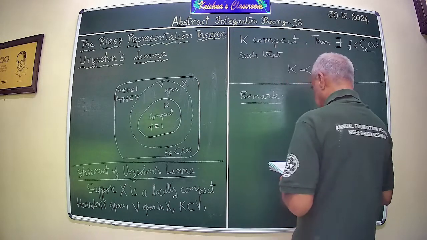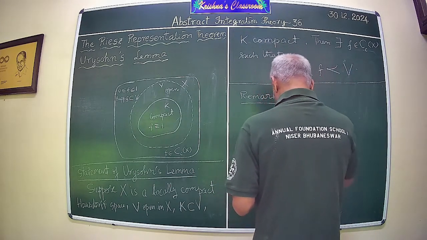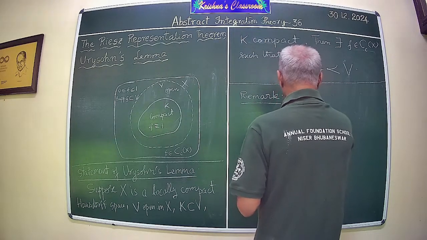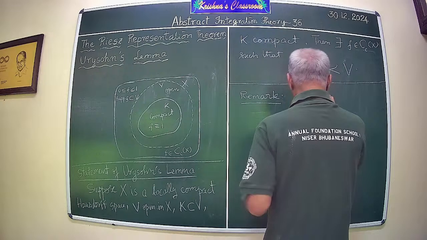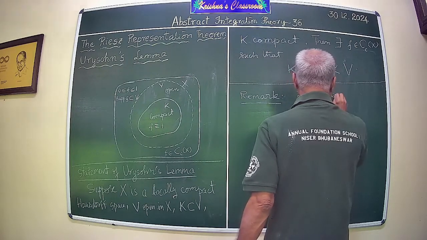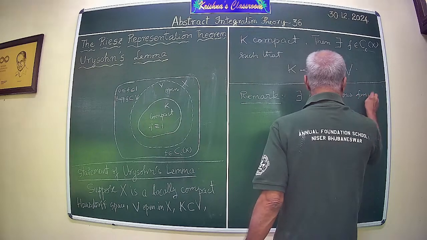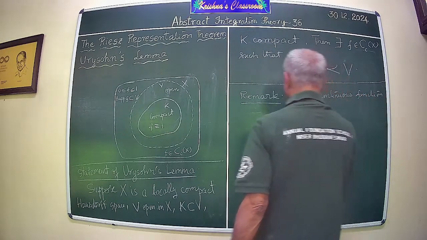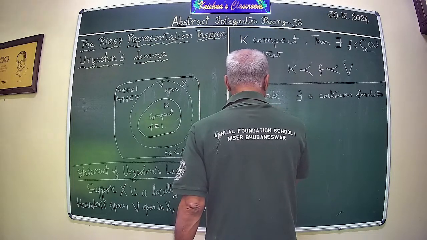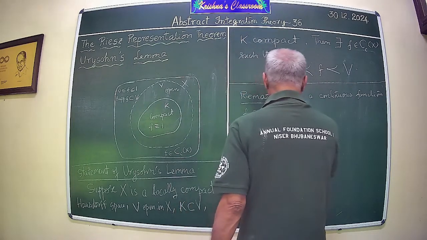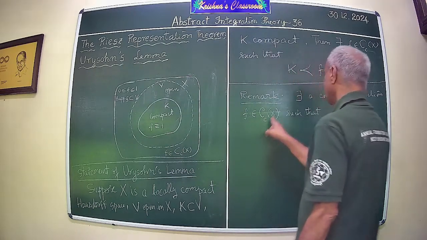This shows that there exists a continuous function with compact support such that, in fact, this notation tells it's a continuous function.